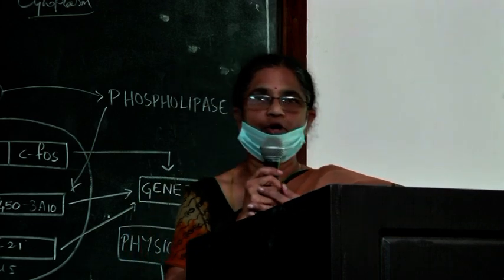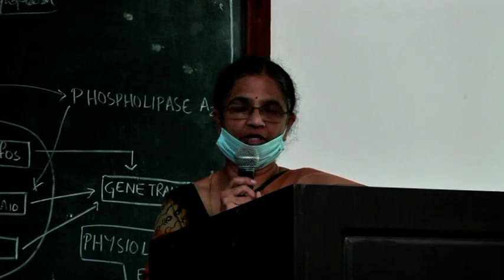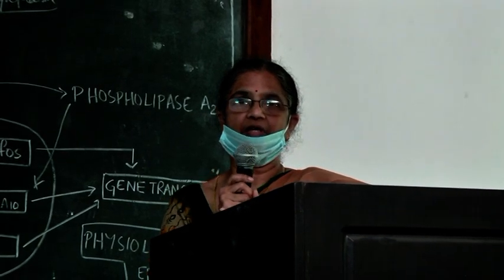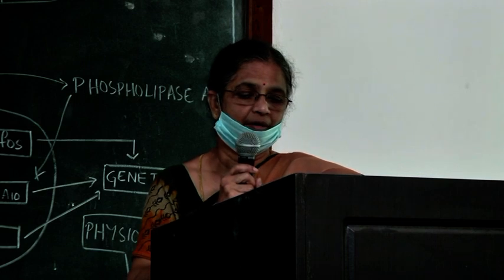Now the other important aspect of growth hormone is the physiological actions. What are the actual actions? Previously we knew about the mechanism of action, but now we will go one by one about the physiological actions of the growth hormone. They can be divided into two varieties: the short-term metabolic effects and the long-term effects.